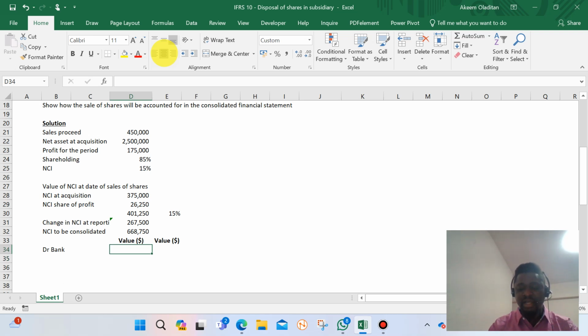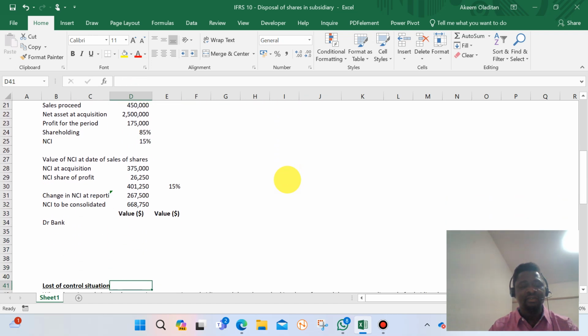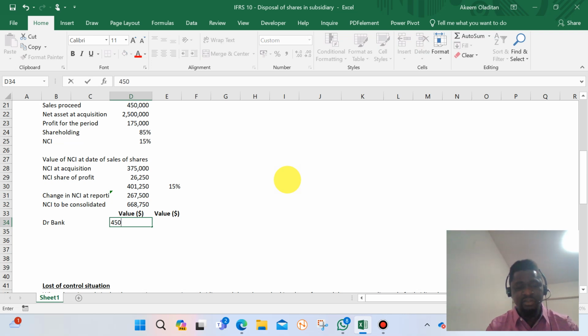So we debit bank. How much was it? If you look at the question, it says 450,000. So that 450,000 is what the value of the sale is.